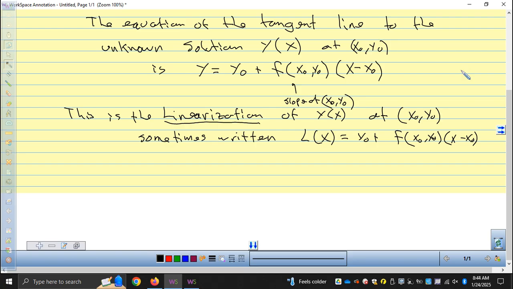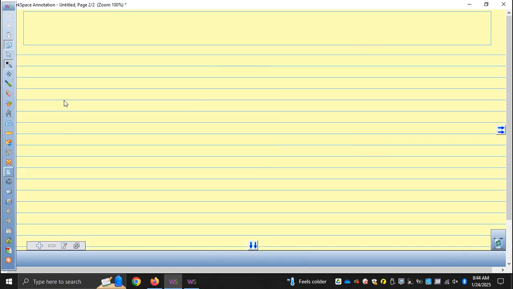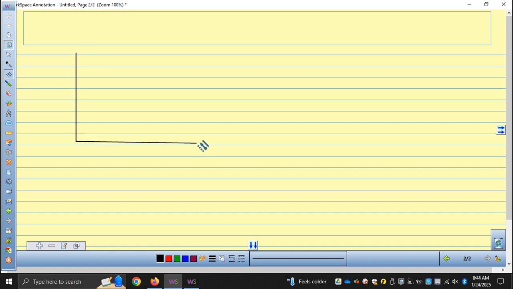I'm going to switch pages, and then I want to draw a little picture so we can visualize what's going on here. Hopefully, by now, this idea of approximation using a tangent line is familiar; in Calc 3 we approximated using a tangent plane. That's a pretty standard technique for a lot of things in calculus. So here are my axes, and here's some curve.